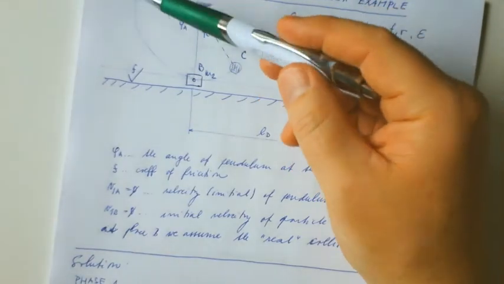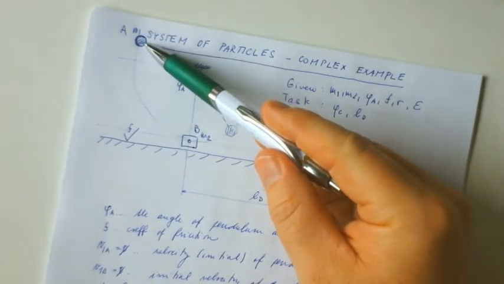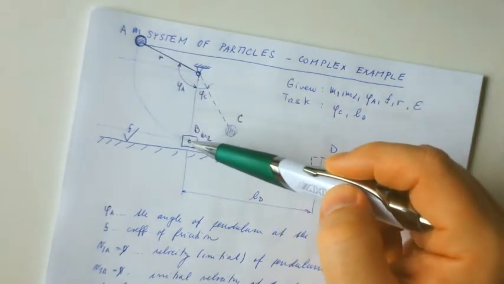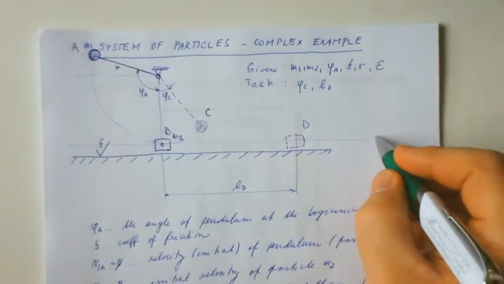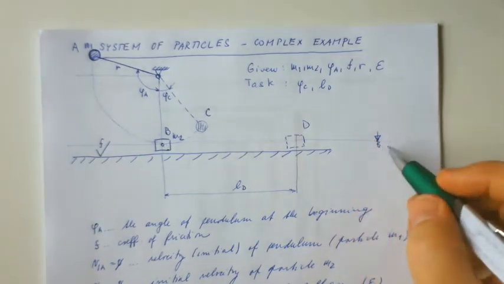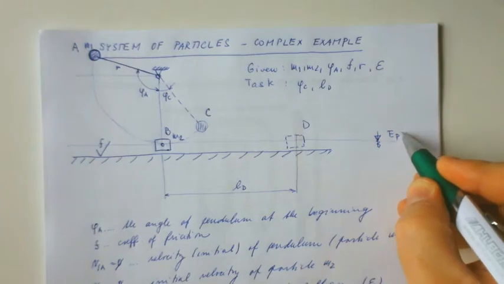This particle has some potential energy, and this amount of potential energy is changing to kinetic energy. Let's say that the zero level of potential energy is here.